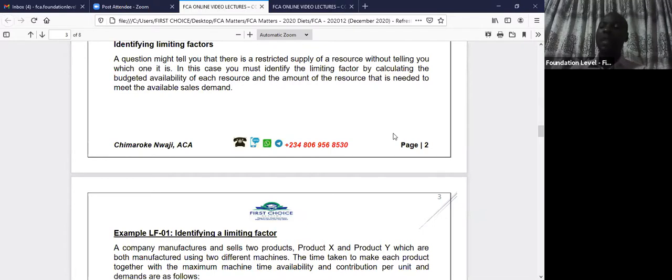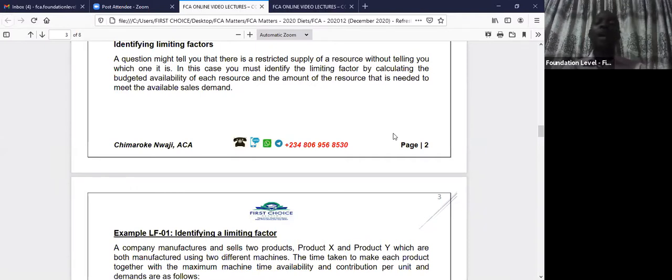How much material quantity should I also use in producing Y? When I add them together, is the sum total equal to what I have in store? If the answer is yes, that means you are not facing scarcity. It means whatever you require to do that job is already available. No scarcity. That is not a limiting factor.